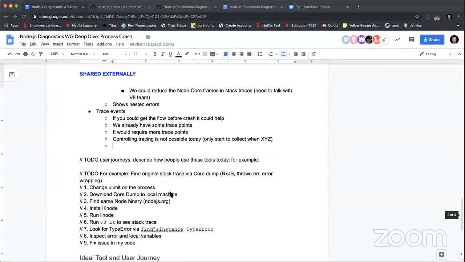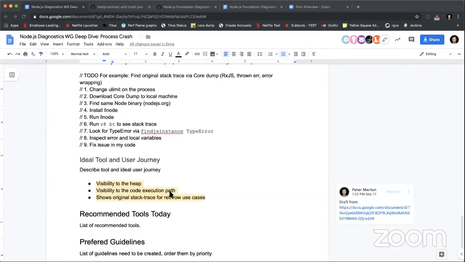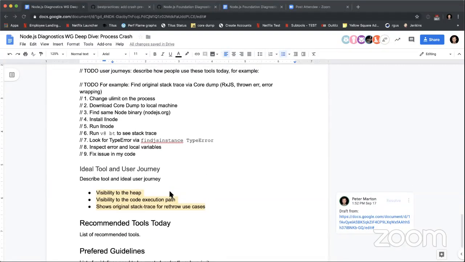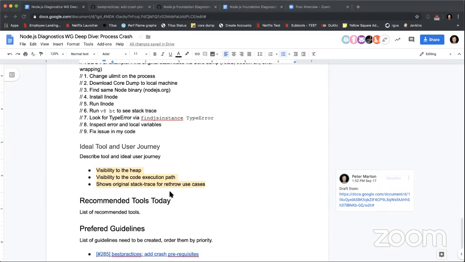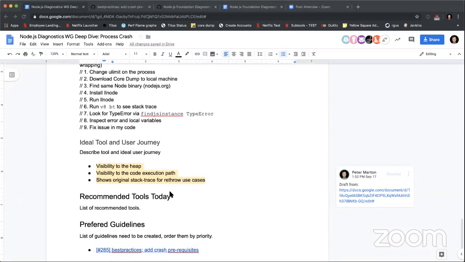And I think we can do that offline, and we don't really need to be in a meeting to do that. But what we need to be in the meeting for is to agree on what we want to document, so what we actually want to recommend to people to do and how to do it. And then the more interesting conversation, which we started to touch on when we were talking about what the error properties could be, what the trace points could be, is what would be the ideal user journey and the ideal tool.